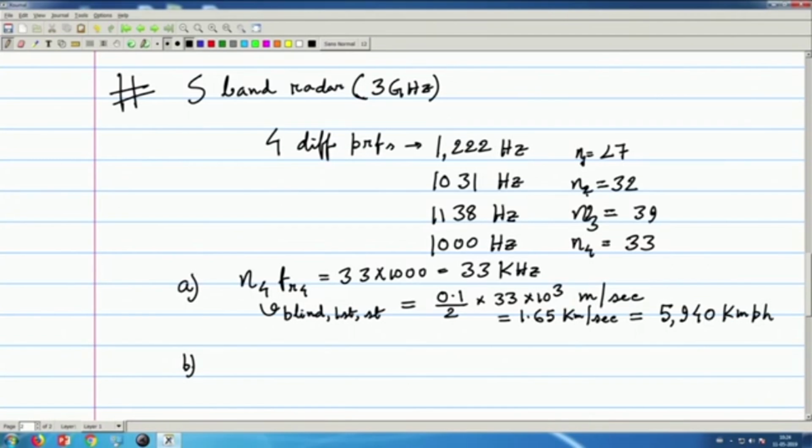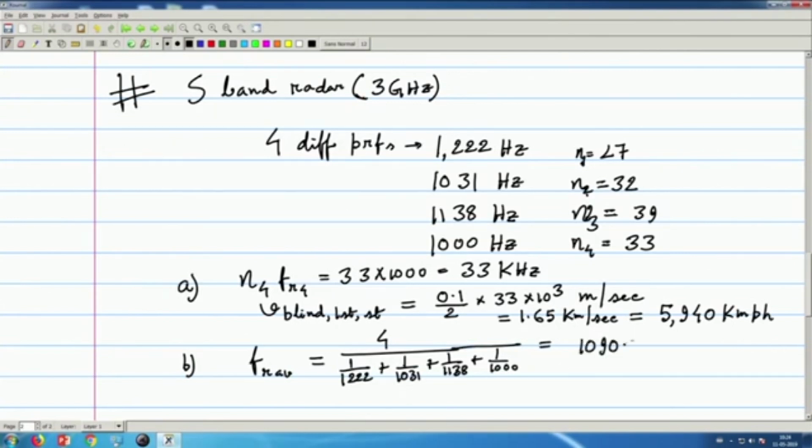If that is taken as the PRI average, then we know that in that case our FR average, that formula we have given, will be 4 by 1 by 1222 plus 1 by 1031 plus 1 by 1138 plus 1 by 1000 in hertz. So, that will be 1090.8 hertz.